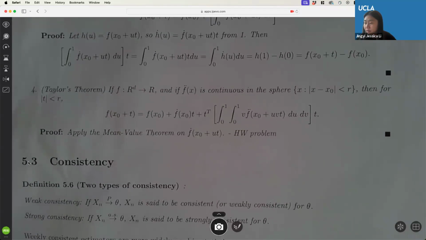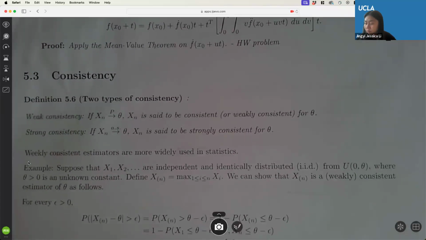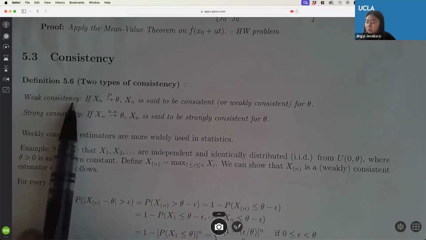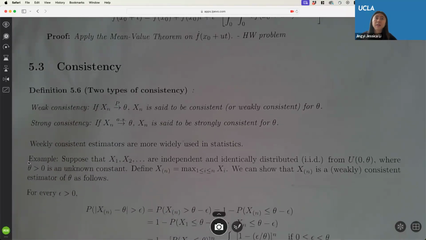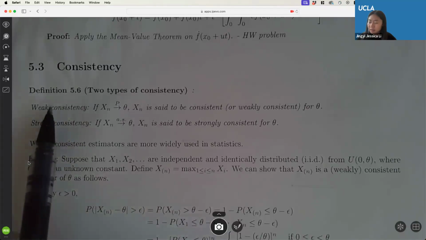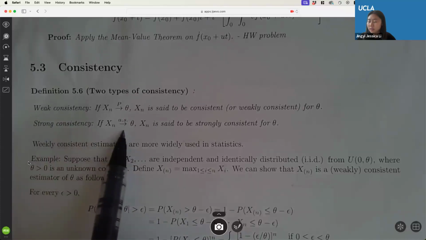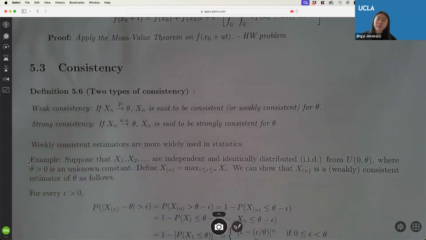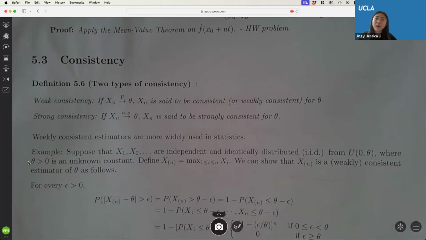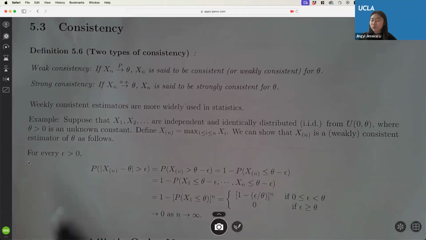And before we talk about the law of large numbers, there's another thing we want to introduce: two types of consistency. When we say consistent estimators, we need to be more specific. Weak consistency means convergence in probability. Strong consistency means convergence almost surely. Suppose the limit is your true parameter value theta, and xn represents your estimator.